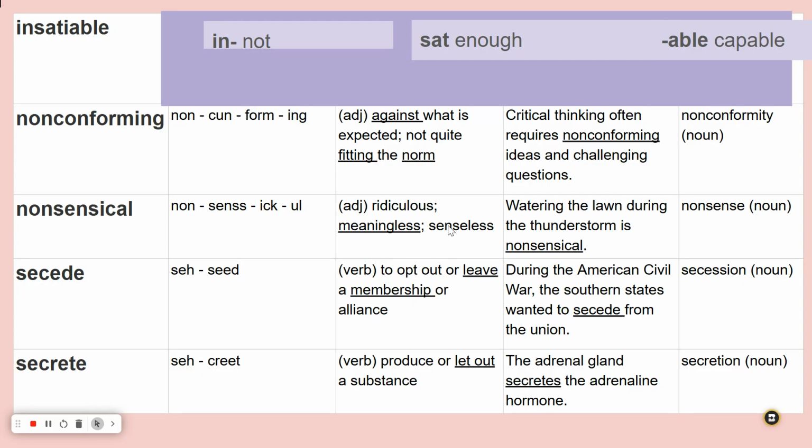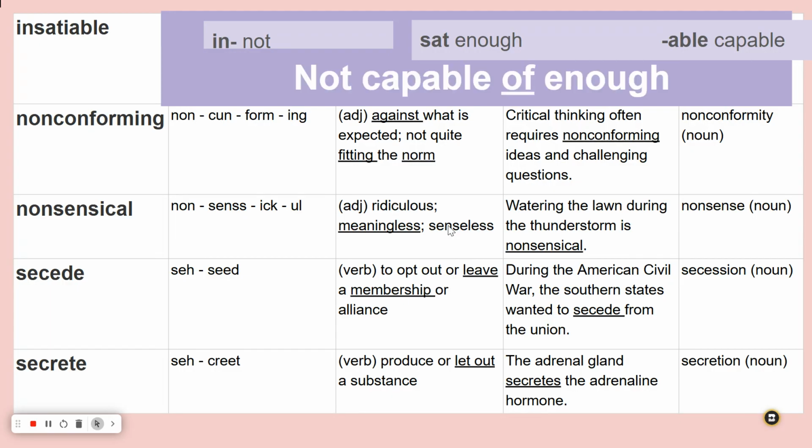So capable in this sense is going to be one of the last things we add to our definition. So we would have other forms of insatiable, like insatiate, that would not necessarily have that able suffix. So we don't want to go too heavy on the capable in our prediction.